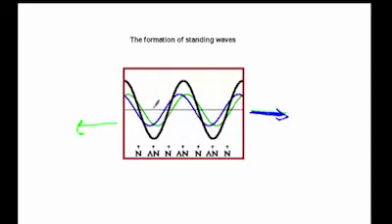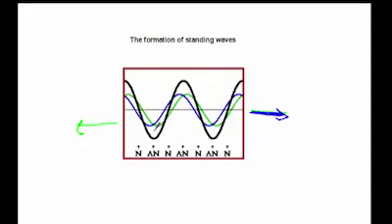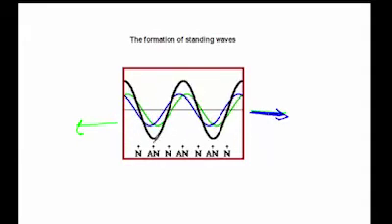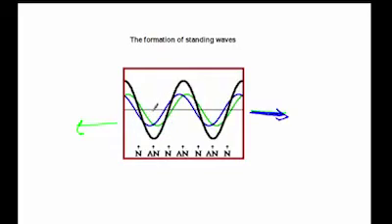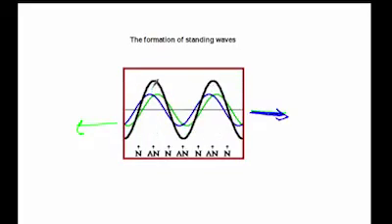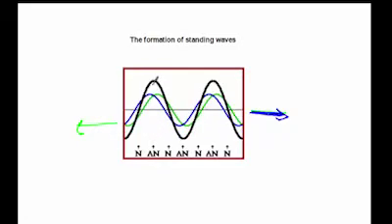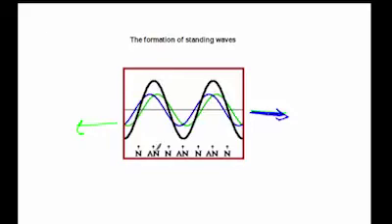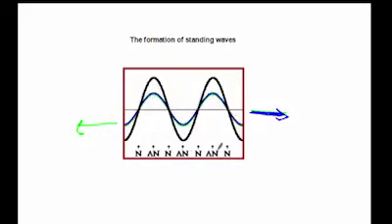So the black colored wave, which is a standing wave, has maximum displacement at these points because the particles of both waves at these points are moving in phase. So these points are antinodes, AN.